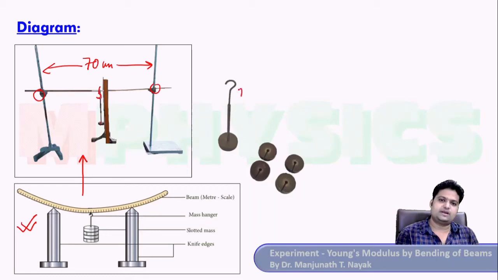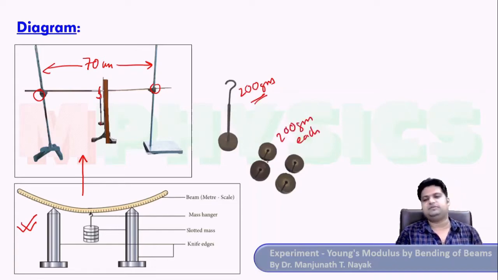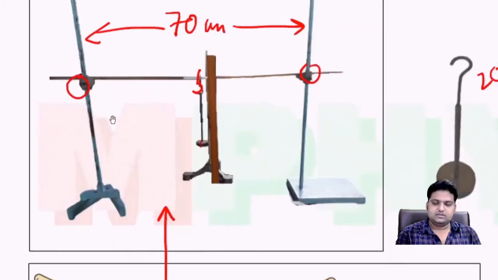This itself is 200 grams, and these are other slotted weights which are 200 grams each. So we will be doing loading and unloading for almost a total of 1000 grams. And this is the ruler that we have fitted.